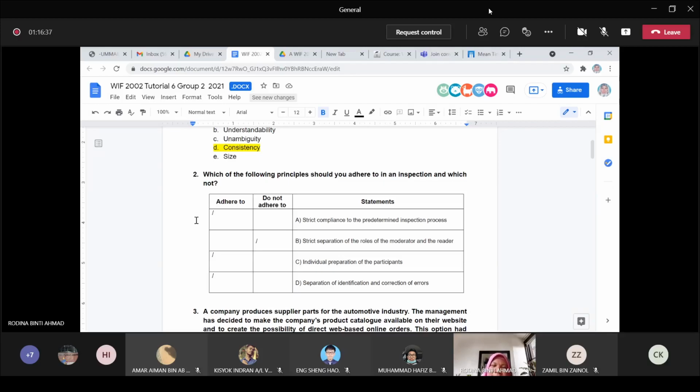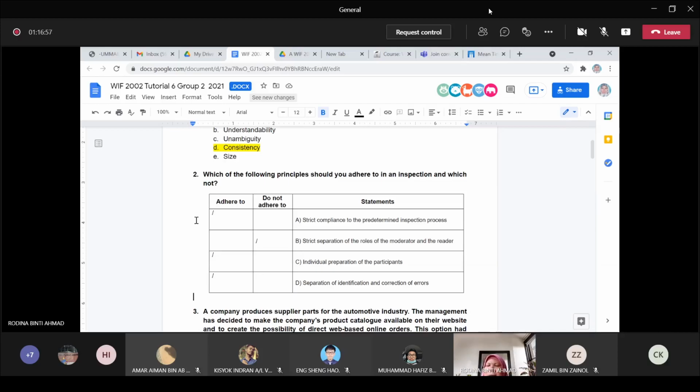And then D, the separation of identification and correction. Yes, this is also one of the important principles in our review. So that means we shouldn't join these together. It should be separated between the identification of errors and the correction of errors.